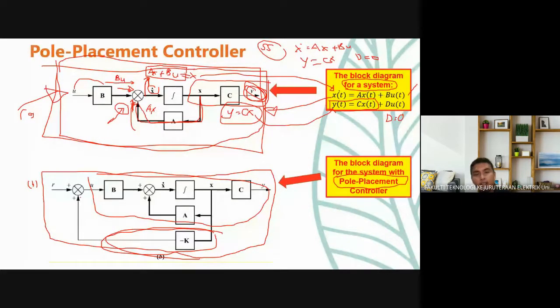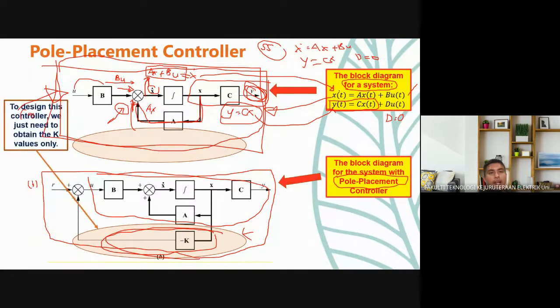Easy, right? So, in this case, what do we need to do in order to design the pole placement controller? This is the reference, because the original system did not have any feedback K. However, the pole placement controller has a feedback K here. So, to design this controller, we just need to obtain the K values only.